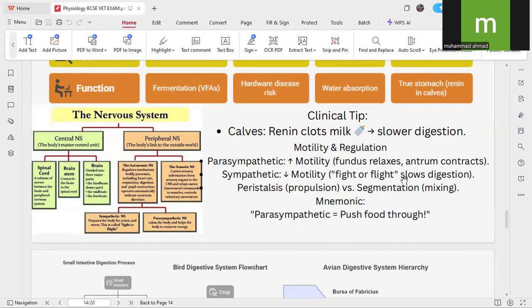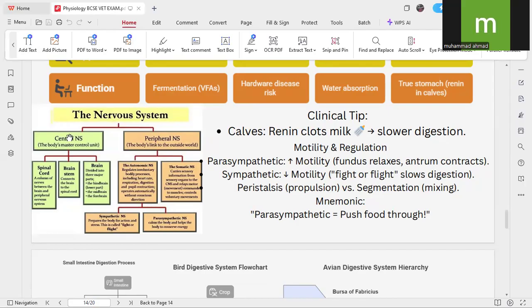Segmentation is simply the mixing, and peristalsis involves propulsion, the movement of the GIT tract. So parasympathetic involves the push forward and increases the motility.